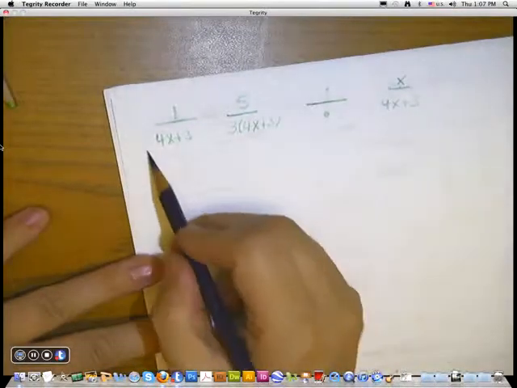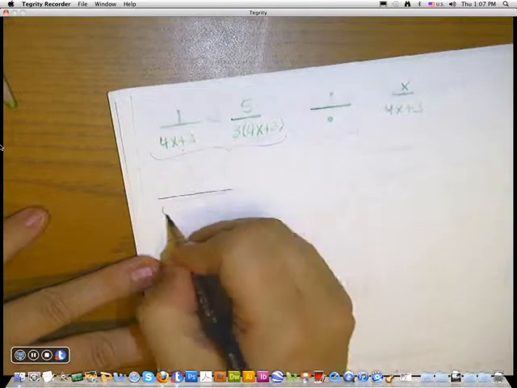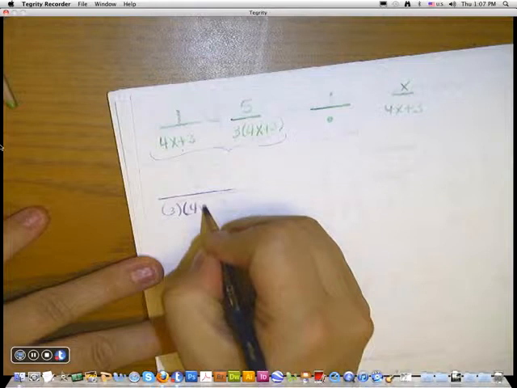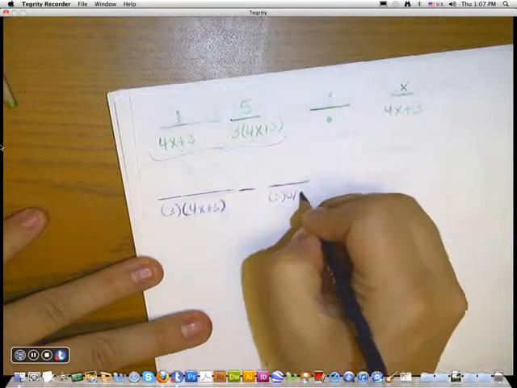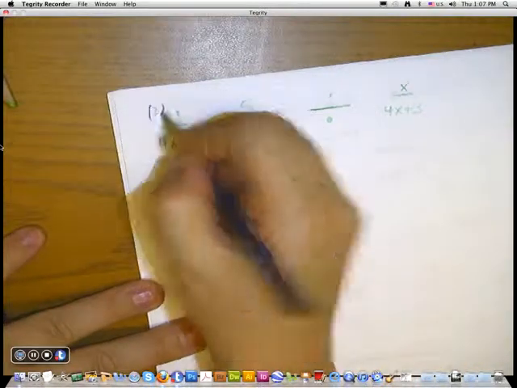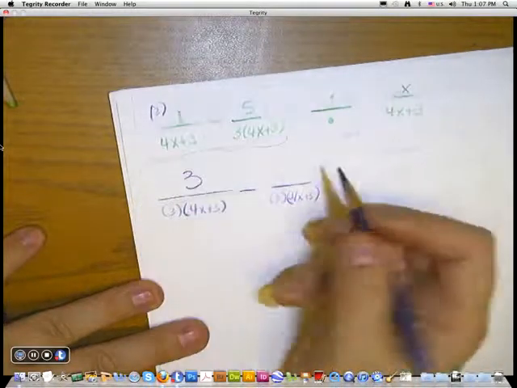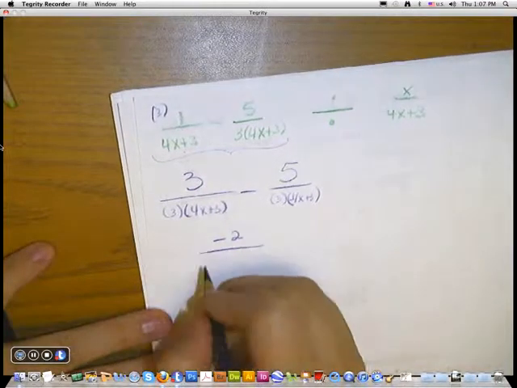You don't need to rewrite the problem twice. All right, so if I'm over here on the left-hand side, I need a 3 and a 4x plus 3. So that means the first one's missing a 3. So I get 3 and 5, so I get minus 2.